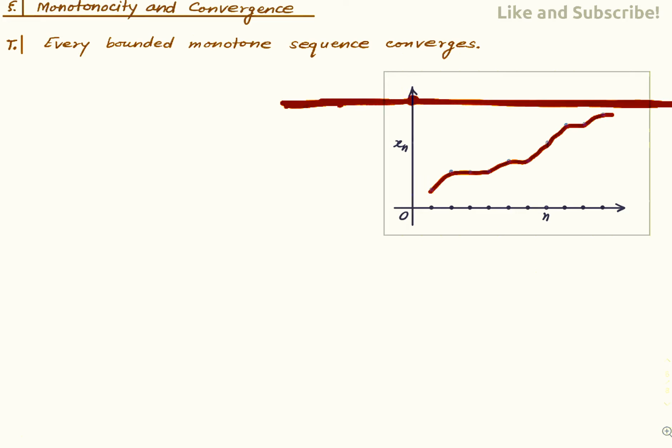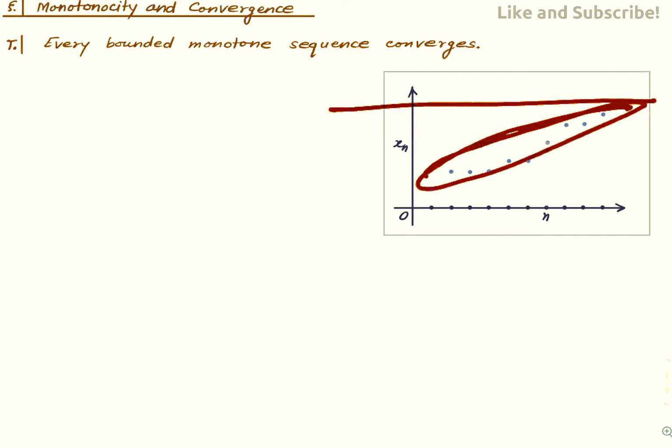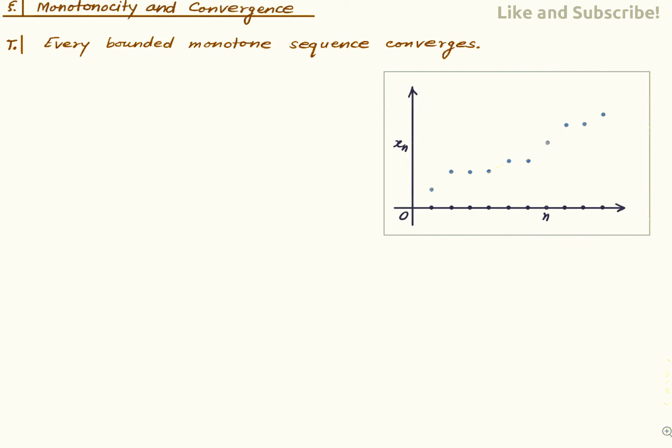There is some ceiling which it cannot cross. So ultimately, it should approach a certain ceiling. That is roughly the idea. And the ceiling that it will approach is the supremum of all these values. So all of this should be very, very believable, but we have to properly prove it, formally establish this.